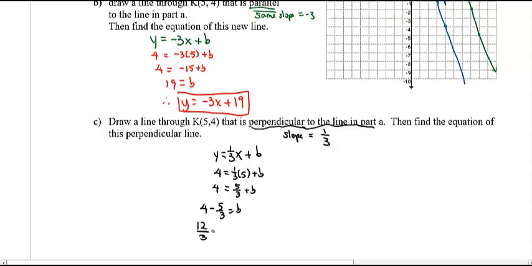We'll common denominator this and find out that b must equal 7/3. And so our equation is y equals 1/3 x plus 7/3.